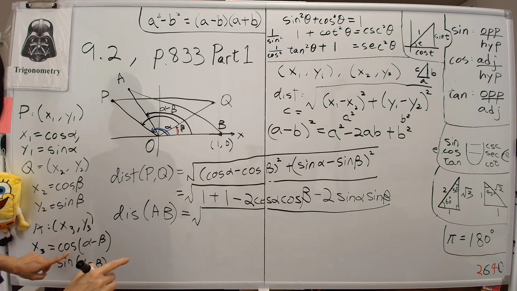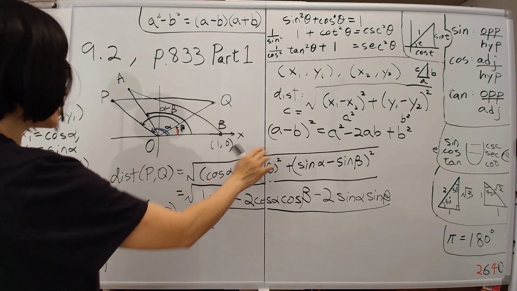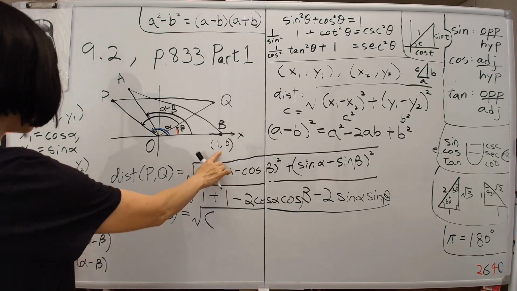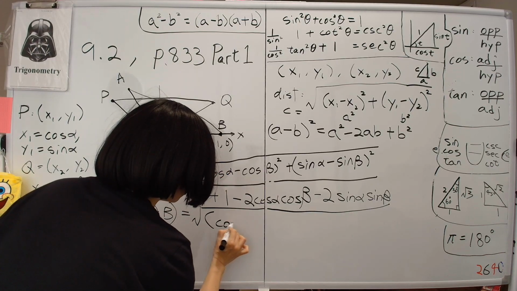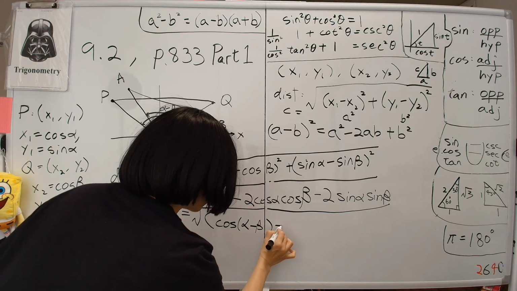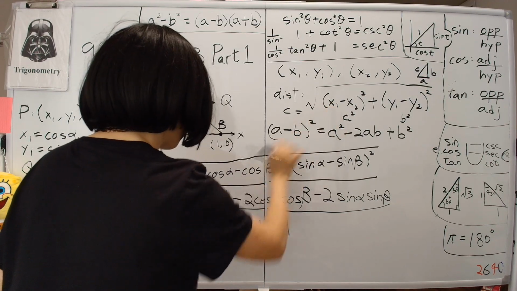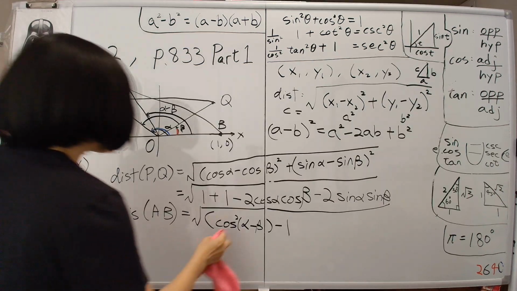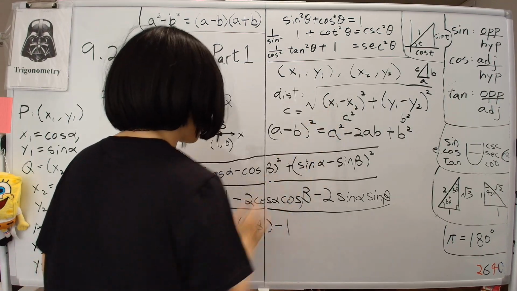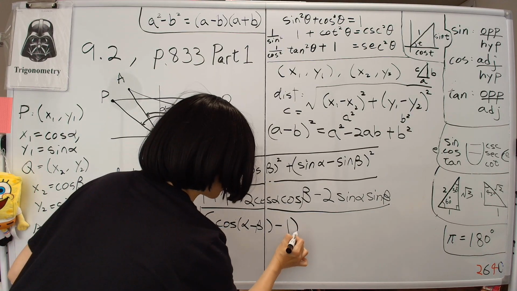Then we have the cosine values subtracting each other, cosine of alpha minus beta, minus 1, that's squared. Because, is it squared? No, it's not. It squares later. There is no hurry. Yeah, so it's x1 minus x2 squared. Okay, so that is squared.